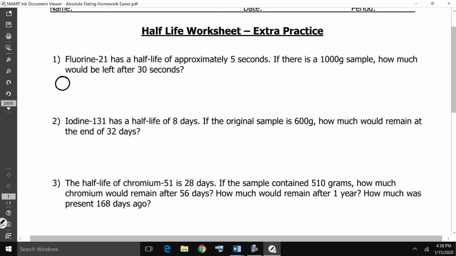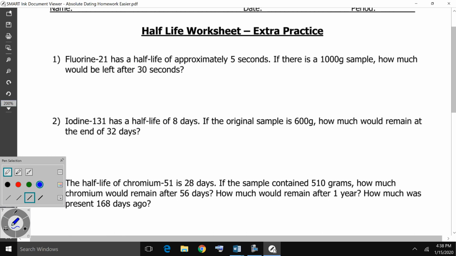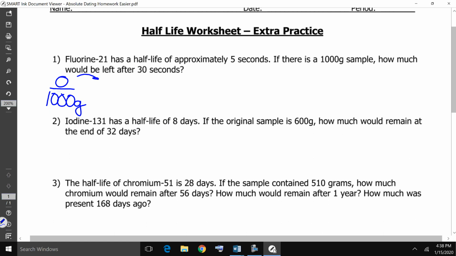At time 0, we have 1,000 grams, okay? This top one, we're going to add the half-life, which is 5 seconds. And then we are going to divide this one by 2. So that's 500 grams.